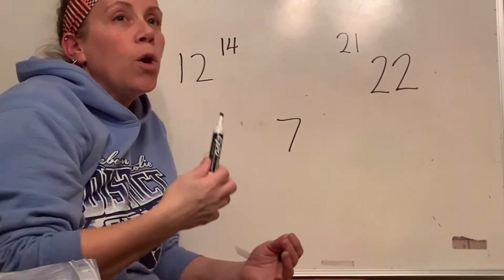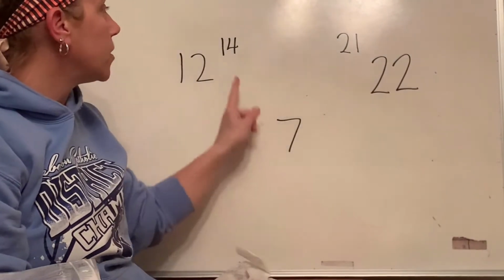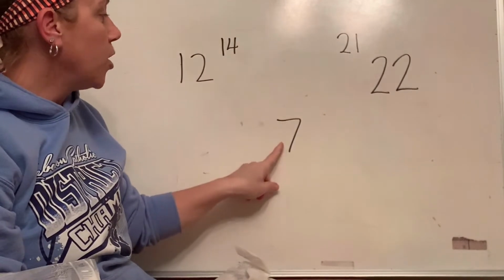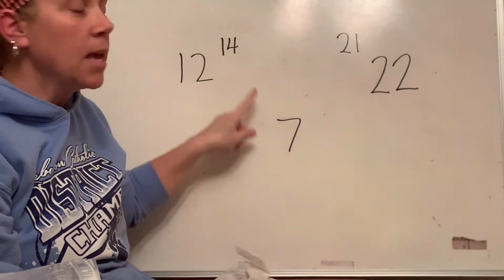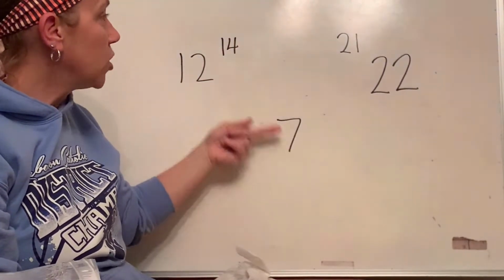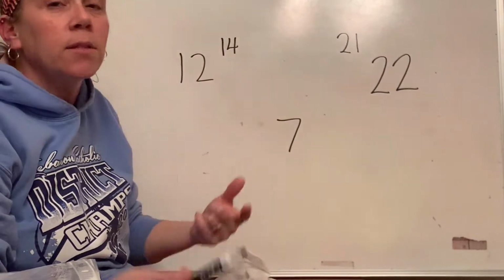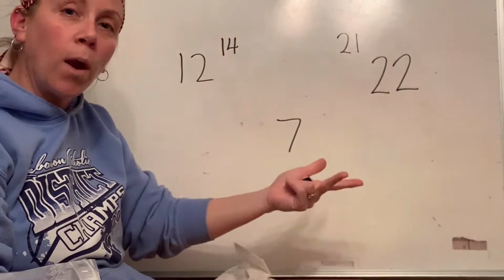Okay? So factor can also be thought of as a number that you can count by. If 7 is a factor of 14, that means I can count by 7s to get to 14. 7 times 2 is 14. 2 7s is 14. 3 7s is 21. 7, 14, 21.